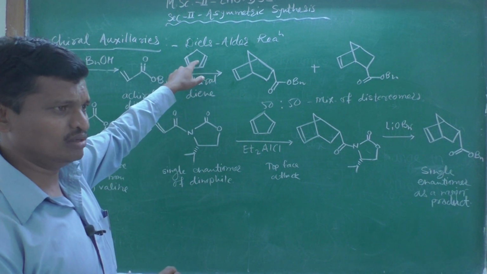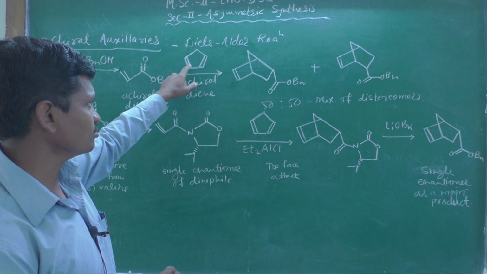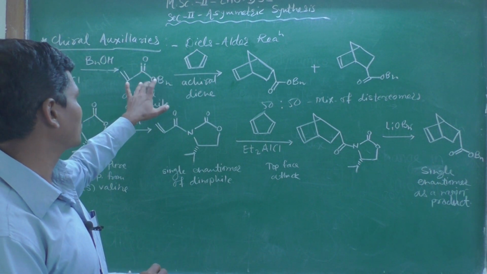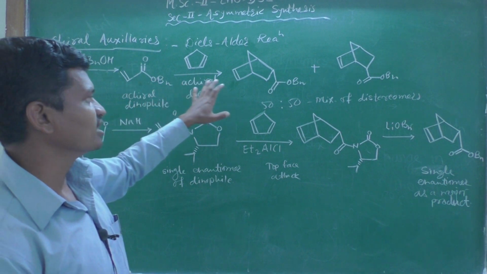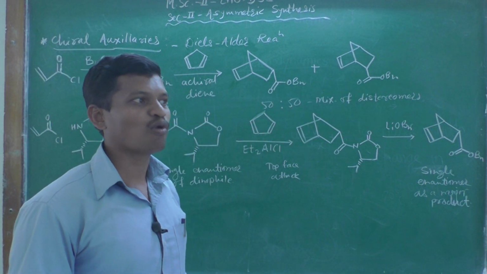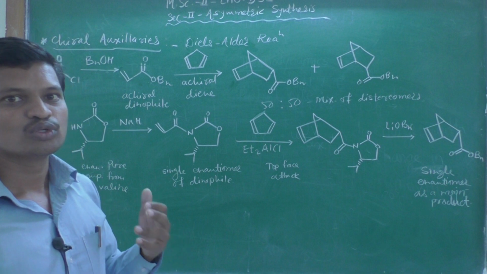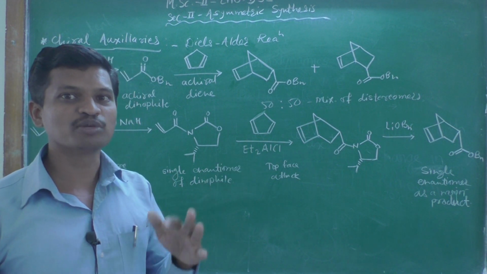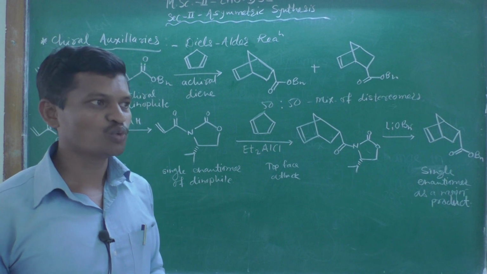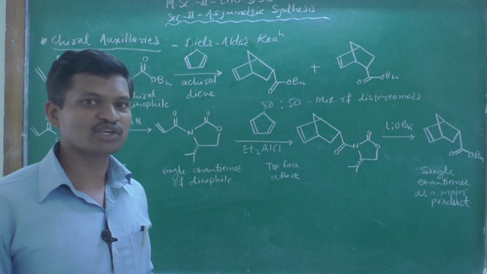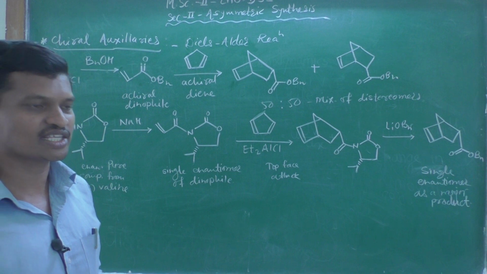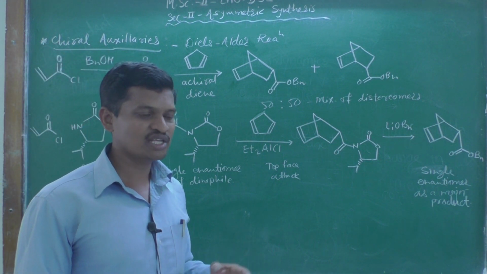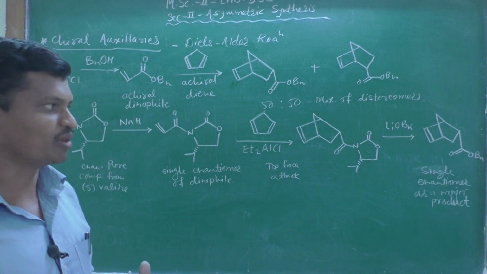Now when we react this achiral dienophile with an achiral diene, which is a cyclopentadiene molecule, there is a chance of formation of two products, and these two products are diastereomers of each other. When you go into the detailed stereochemistry of the Diels-Alder reaction products, you can imagine how these products form.